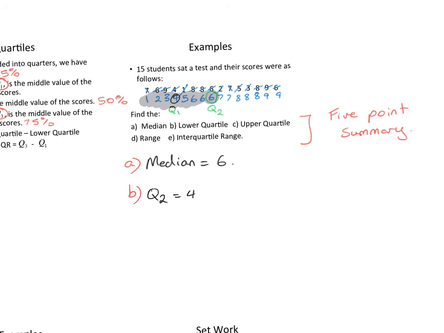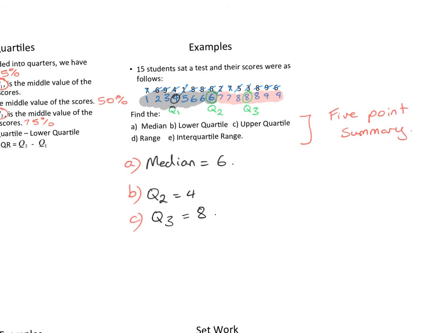And I'm just going to focus on this upper group above the median. So yes, you block out the median as well when you're trying to find the lower and upper quartile. So now let's focus on this red group. There are 7 scores in that red group, so the middle of that must be the 4th score because it'll have 3 on either side. So the 4th score is 8. So Q3, the upper quartile, must be 8.